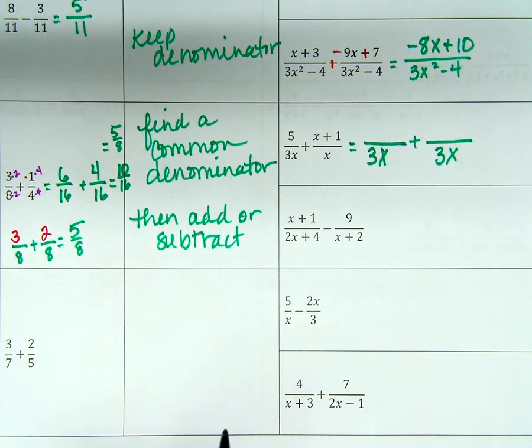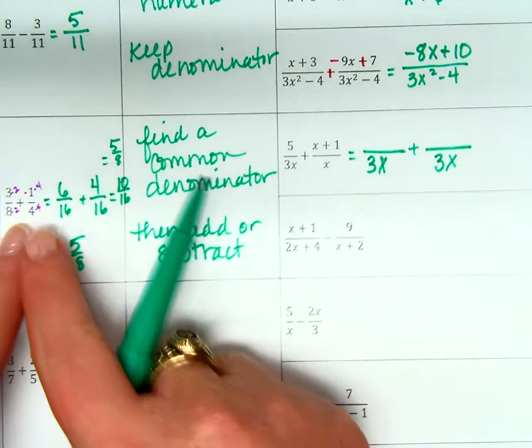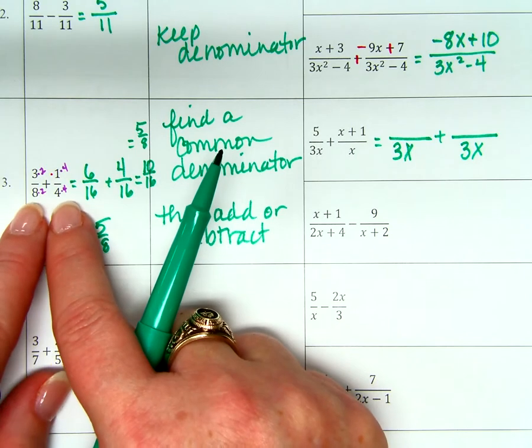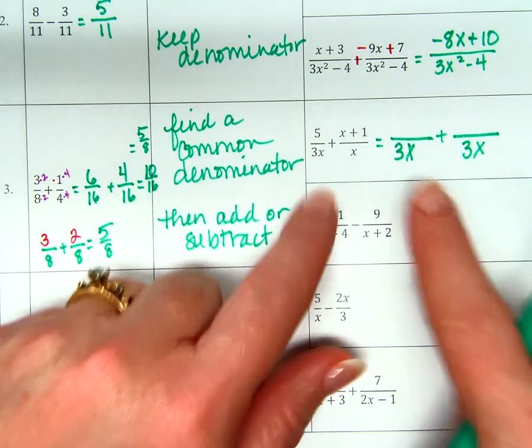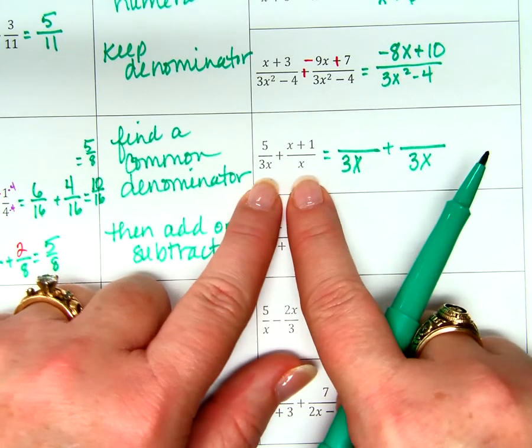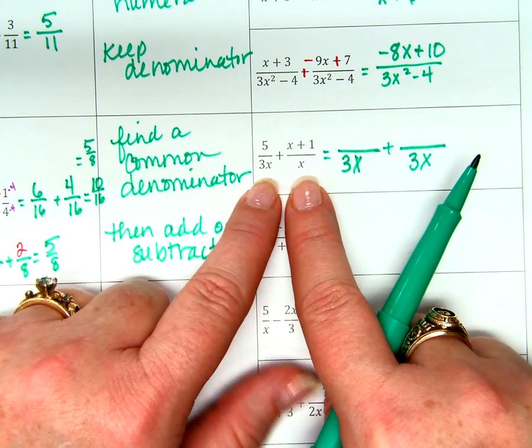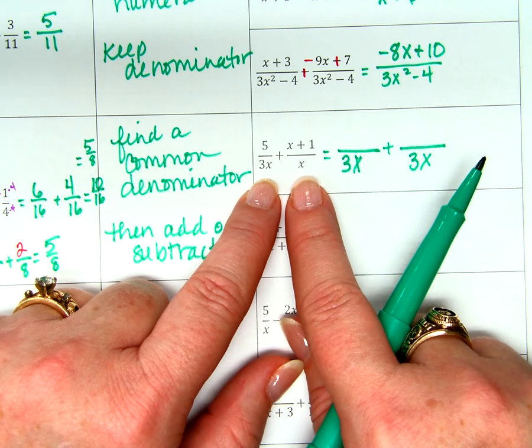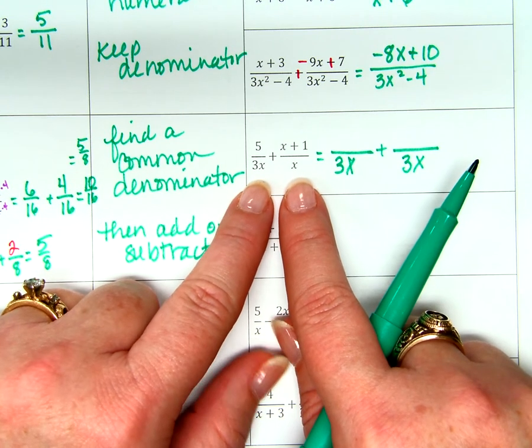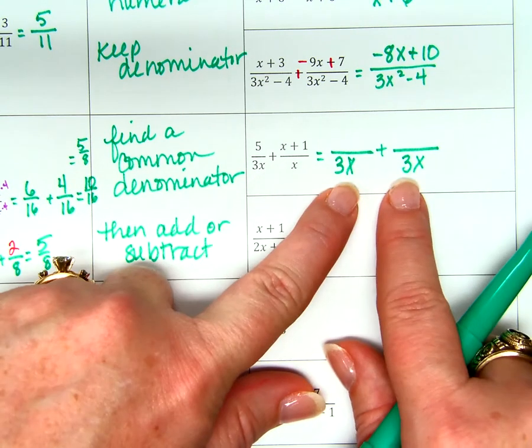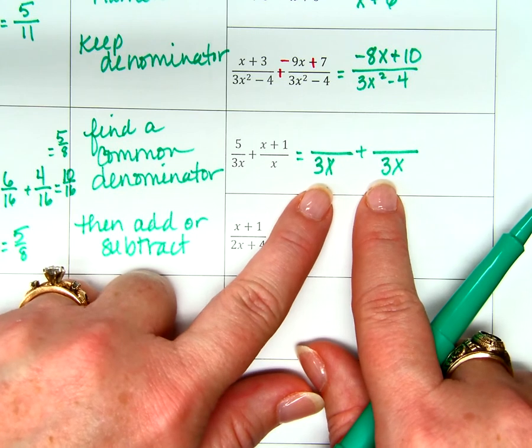If you look in a textbook or online, they probably use some different words to get a common denominator. Like we did here, we said, what's the smallest number that they both divide into? Well, could you think about that here? Yes, but it's a little more confusing when there's variables involved. Does that make sense? So, this is how we're going to talk about it. Are you okay with that?